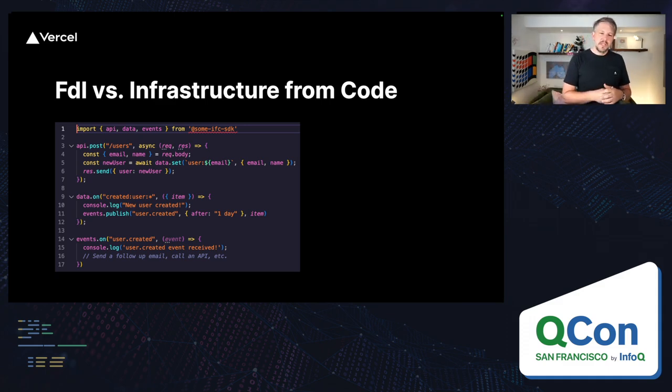There's infrastructure from code as an evolution, certainly, of infrastructure as code, where you write code that actually does business logic, but you're using a specific SDK that is bound to the infrastructure. So it's very tightly bound to the infrastructure, right?